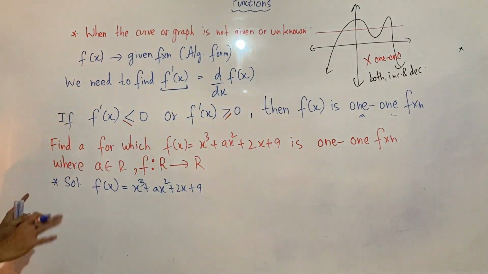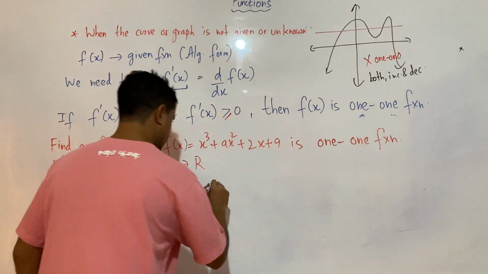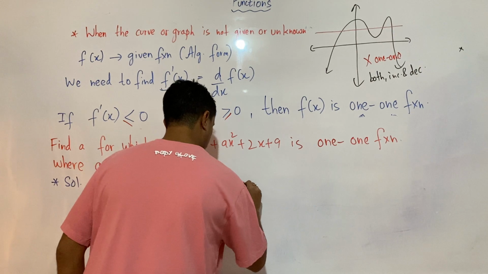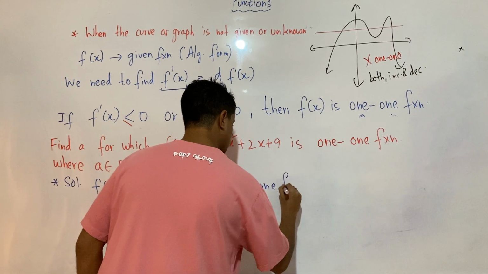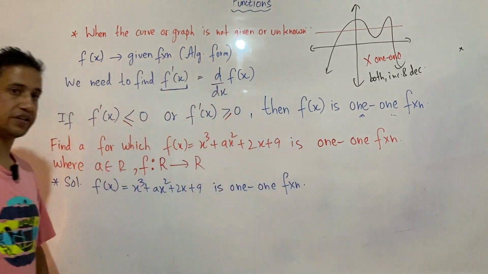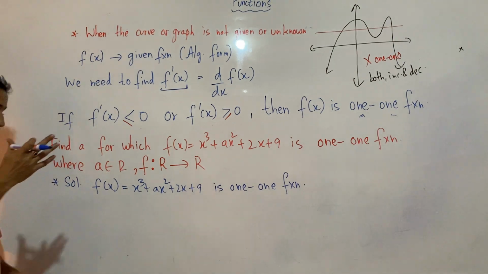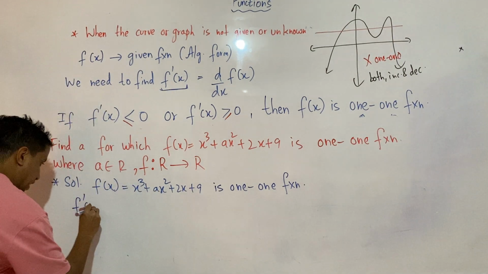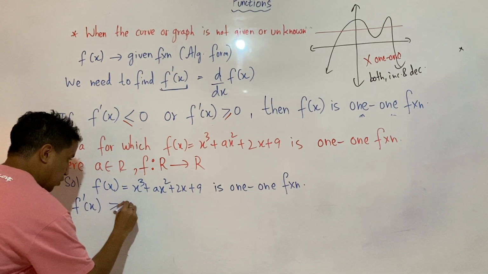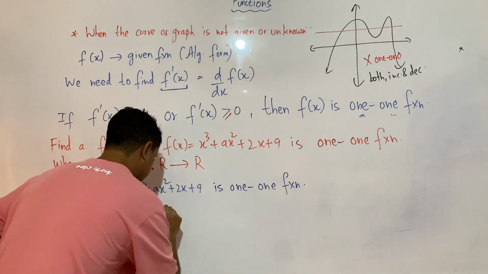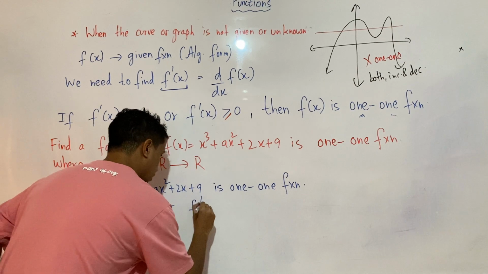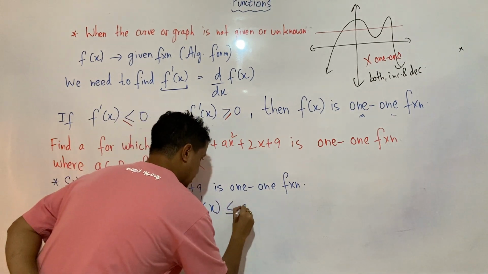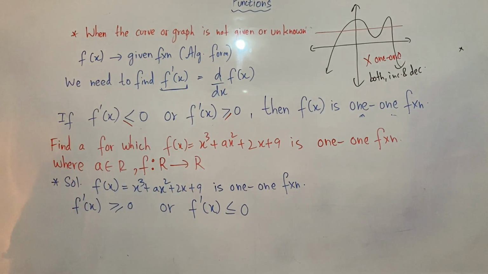Now I know this function f(x) is a 1-1 function. So what I can do here is that if this is a 1-1 function, then the derivative of f(x) is either going to be greater than or equal to 0, or it's going to be less than or equal to 0. I hope you agree with me.